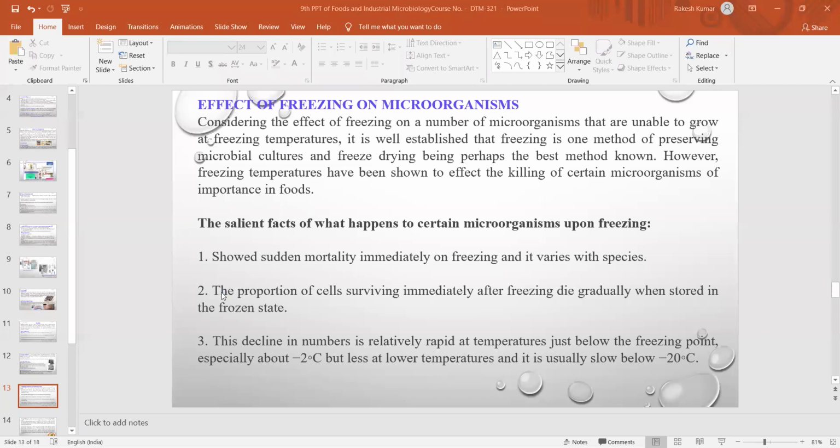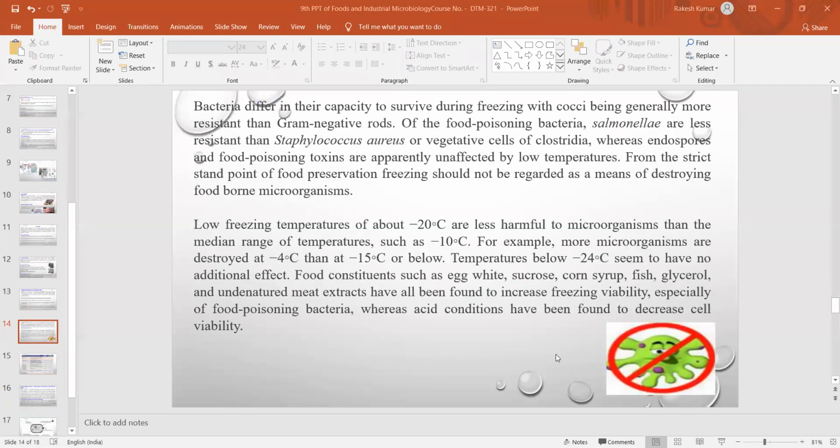Next, the proportion of cells surviving immediately after freezing die gradually when stored in the frozen state. And last, the decline in number is relatively rapid at temperatures just below the freezing point, especially about -2 degrees centigrade, but less at lower temperatures, and it usually slows down below -20 degrees centigrade.